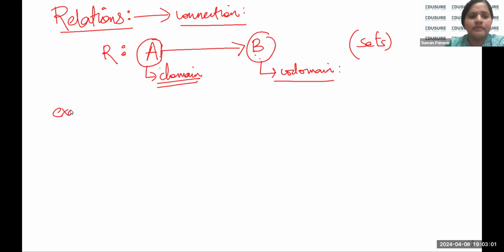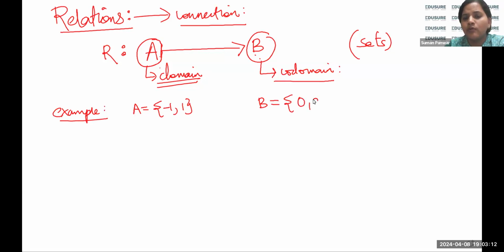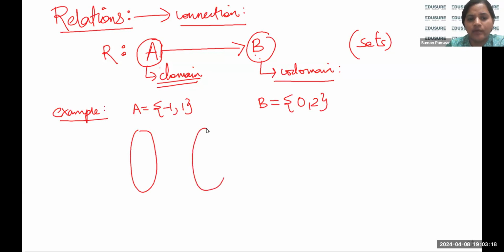For example, if I have a set A as {-1, 1} and a set B as {0, 2}, I define a relation. Now I will denote my sets like this.